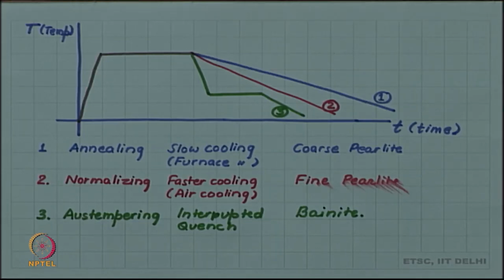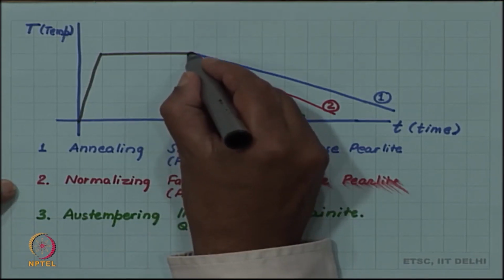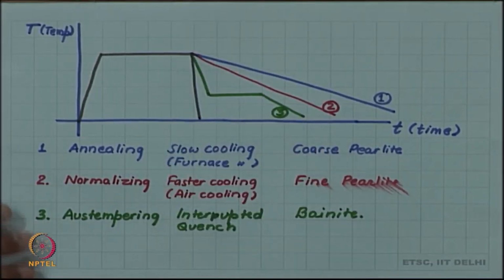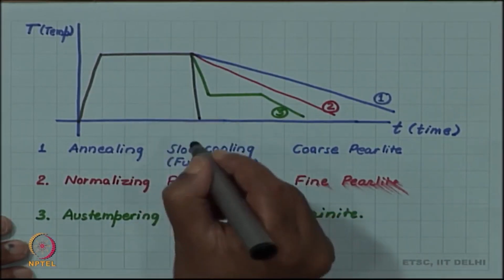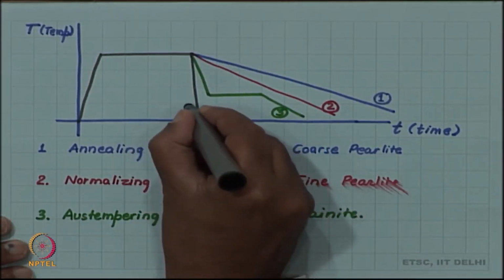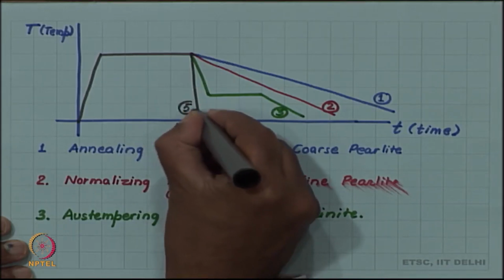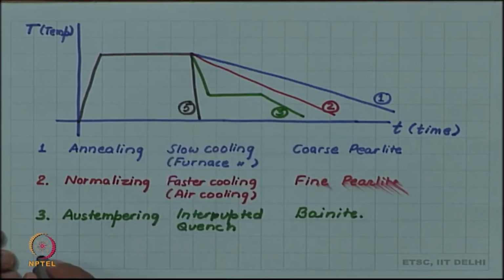Then if you cool it extremely fast, this process is called quenching. Let me call it 5 to match with the sequence which I gave of the hardness in the previous slide.